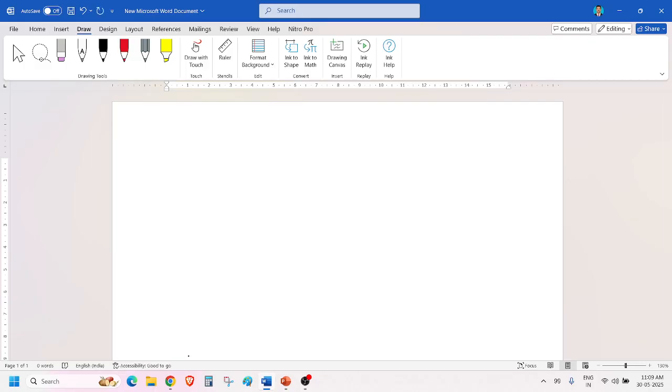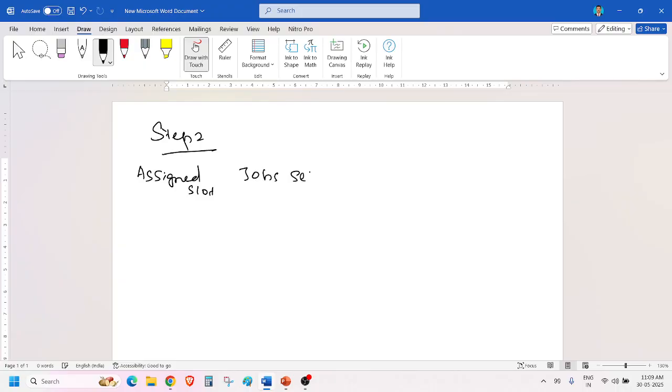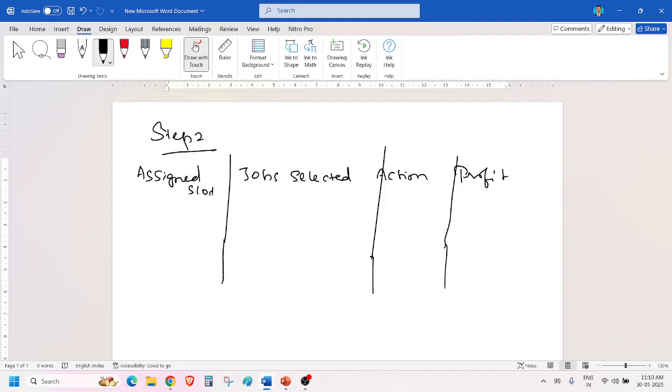Now we are going to follow the next step, step 2. While following step 2, you just make the table: assigned slot, then job selected, then action, then profit. Now first we have to take the R value.